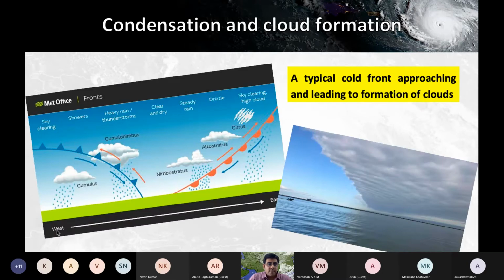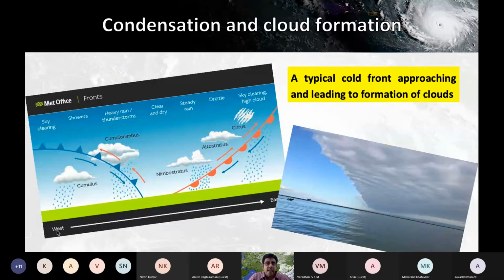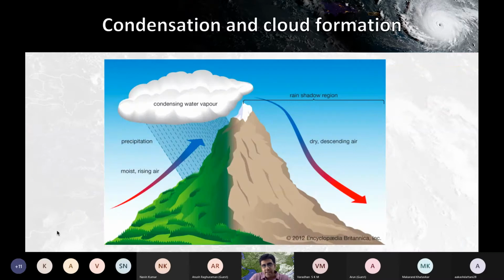Okay, so since cloud formation and condensation everybody knows, I'm just going to skip this. The important aspect here is that 2 important modes of formation of clouds are through the fronts, which is the cold front and warm front interaction, which I will talk about in detail when we take up the processes part, or the orographic lifting, where is the rain shadow region, as we call it.